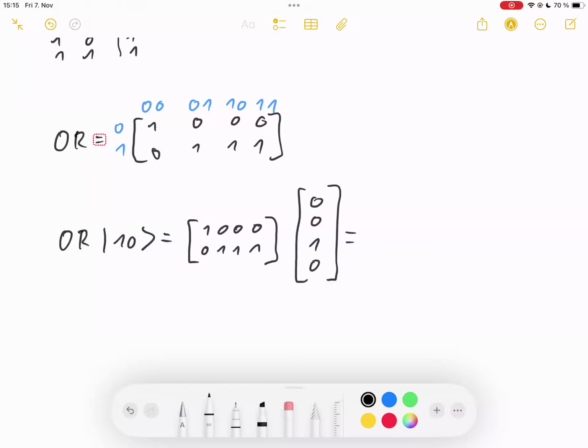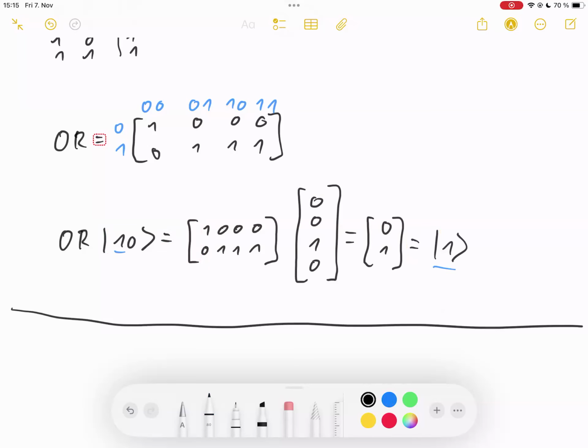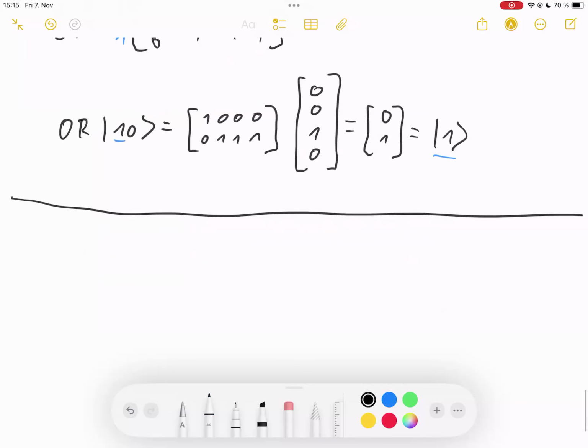And if you multiply this, what you would get is a 0, 1, which is the 1 cat, which makes sense because one entry is 1, so this would lead to a 1 cat.